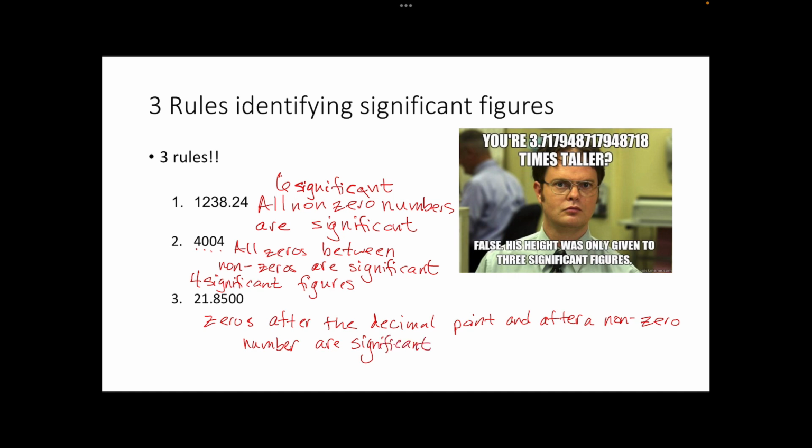So they have to be after the decimal and after a non-zero. That means that these two zeros right here at the end of this number, 21.8500, these two zeros are significant. So this one has 1, 2, 3, 4, 5, 6. This one has 6 significant figures.